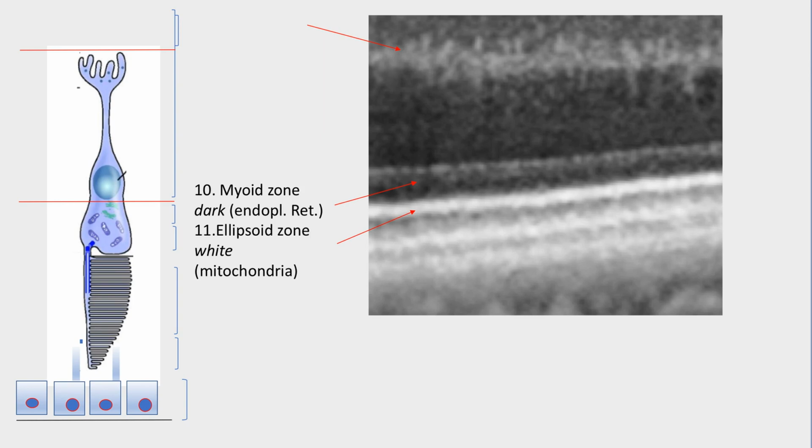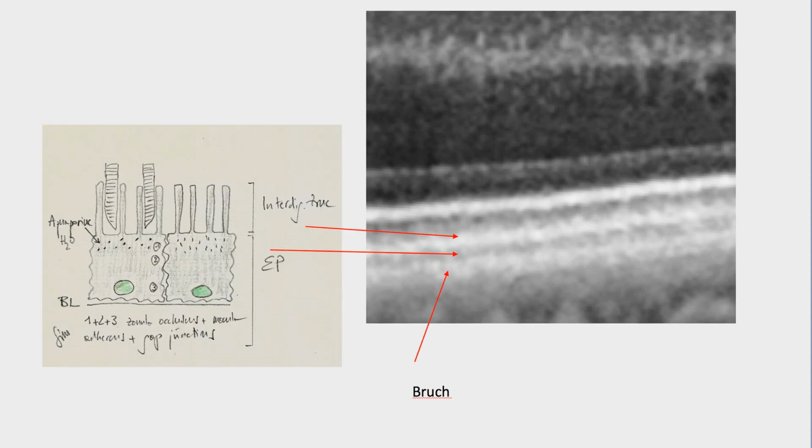Here the myoid zone with the endoplasmic reticulum and the ellipsoid zone with the mitochondria. Here the interdigitation zone where the sensory retina meets the RPE.